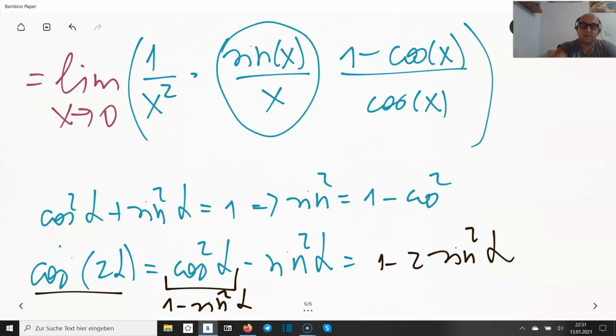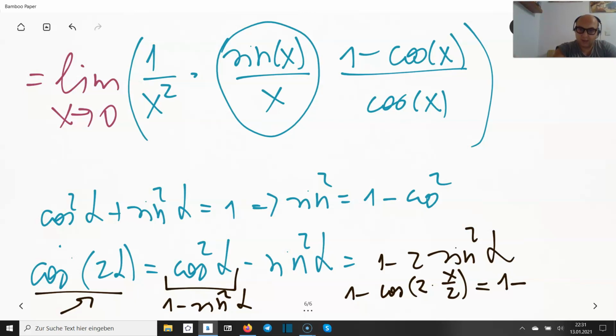And we have basically, as you can see, 1 minus cosine of x. So 1 minus cosine of 2 times x divided by 2 is 1 minus, and now instead of cosine of 2 alpha, we're bringing this one.